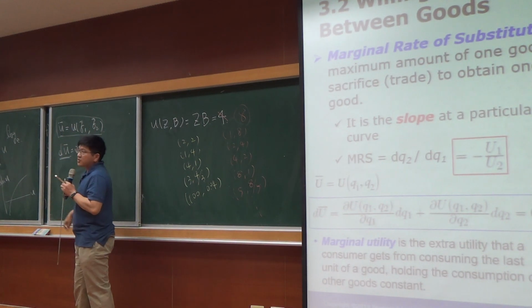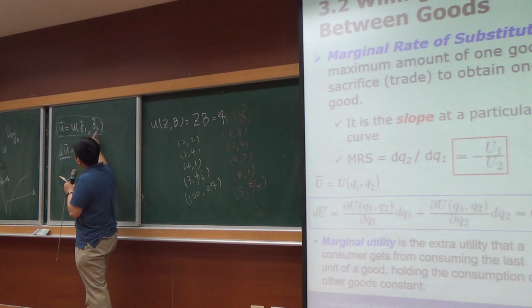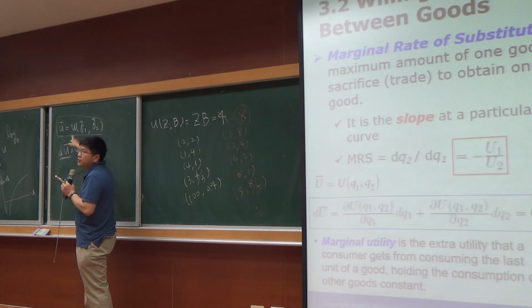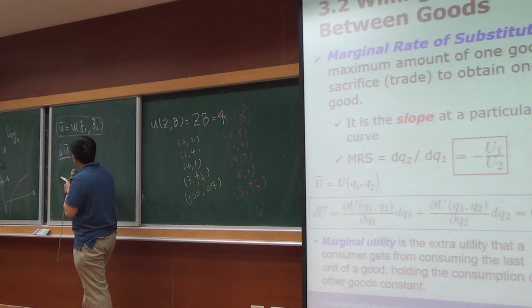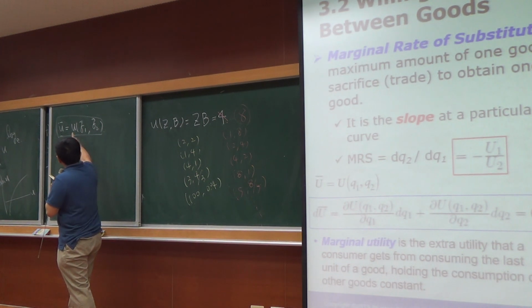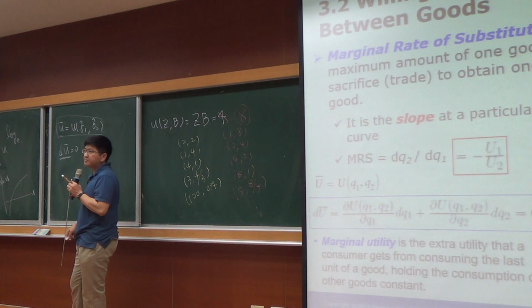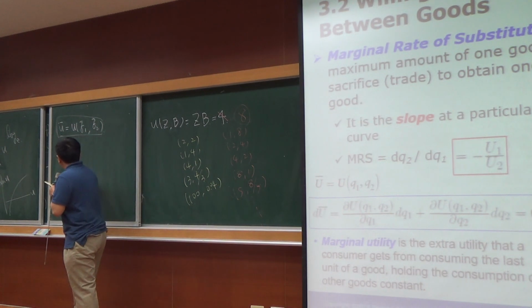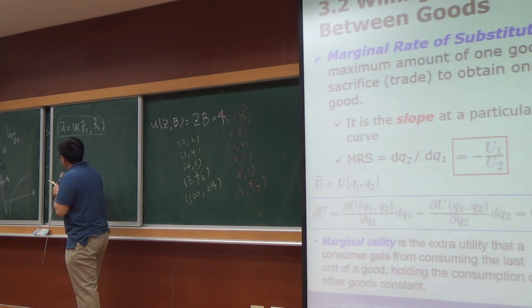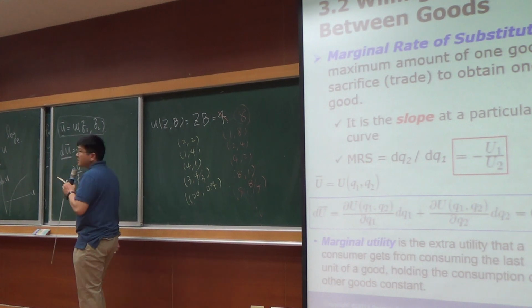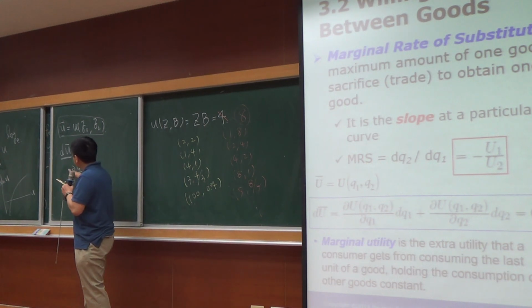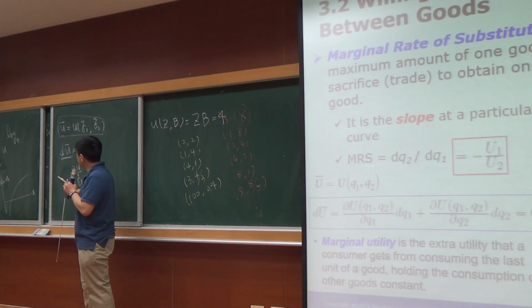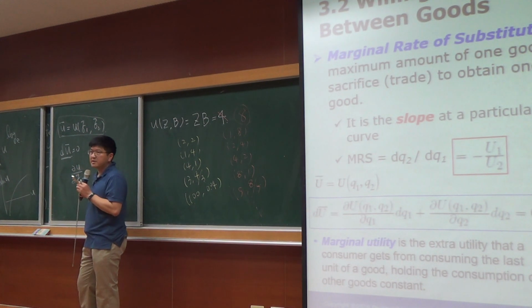And the utility function is affected by two things, Q1 or Q2. So how is this utility affected by Q1? It would be partial U, partial Q1, right? The reason why we apply partial is because we hold Q2 constant.